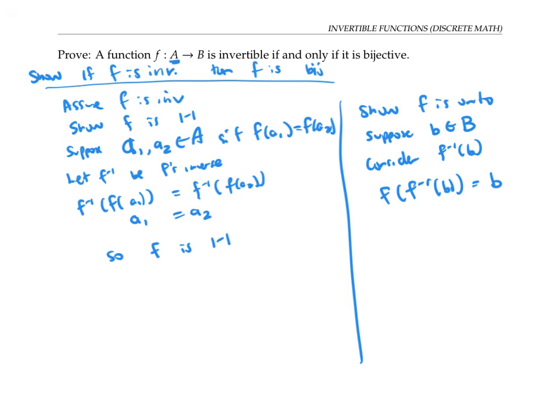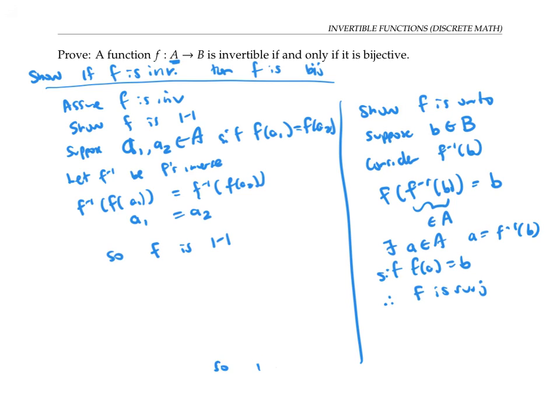And so that means that we found something in A. So there exists some little a in A, where little a is just F inverse of b, such that F of little a equals b, and therefore F is surjective, or onto, by definition. This completes the proof that F is bijective.